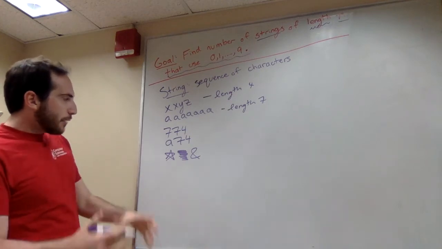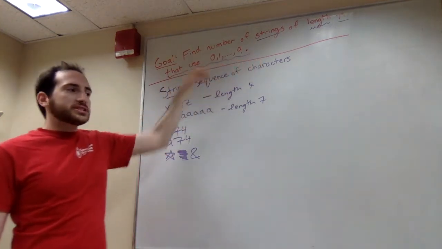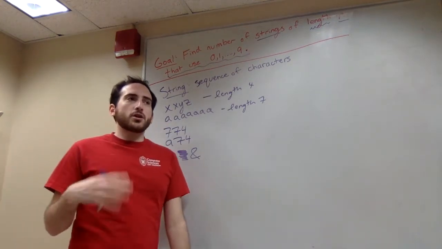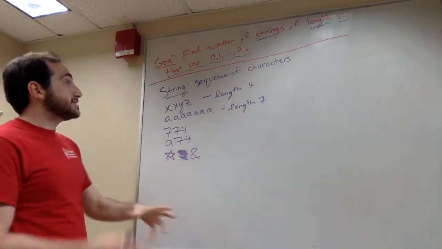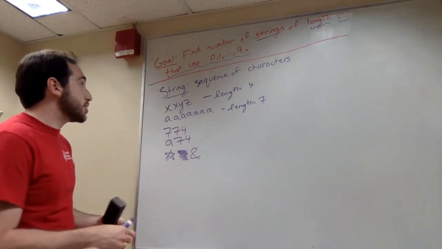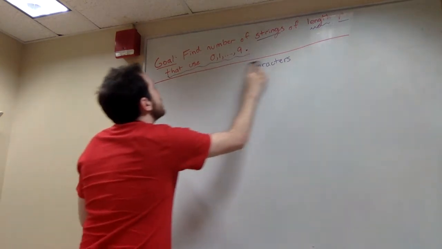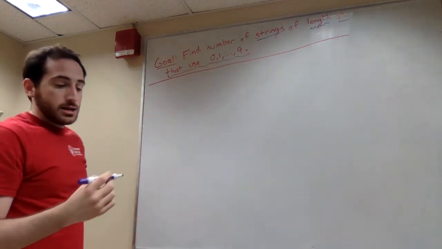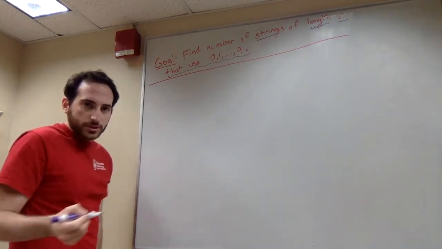So now we get to this idea that we're only going to allow use of certain characters. So in general, when we talk about strings, we define them to be over some alphabet, some set of characters that we are allowed to use. So when I say that we can use the numbers 0 through 9, I mean that every character in the string has to be one of these numbers.